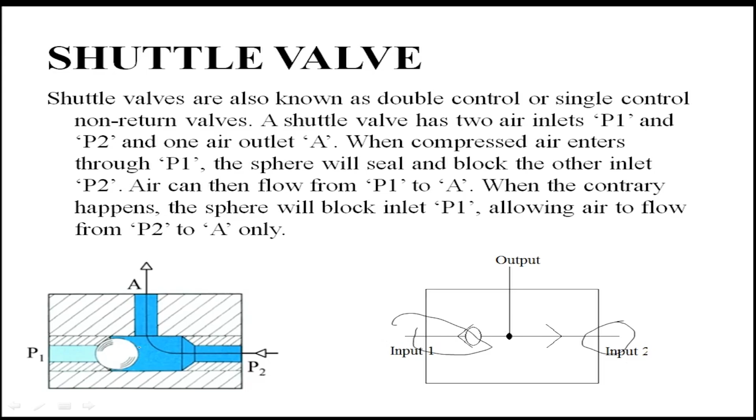Here you can see the block. So whenever you create the pressure in P2, this block will block the P1 input, and whenever you create a pressure in P1, this block will move this side and it will block the P2 input. So you can apply pressure at any one side also, you will get the output. This is all about the shuttle valve.